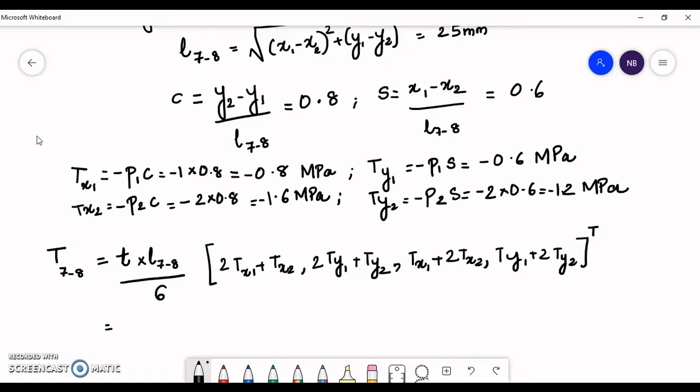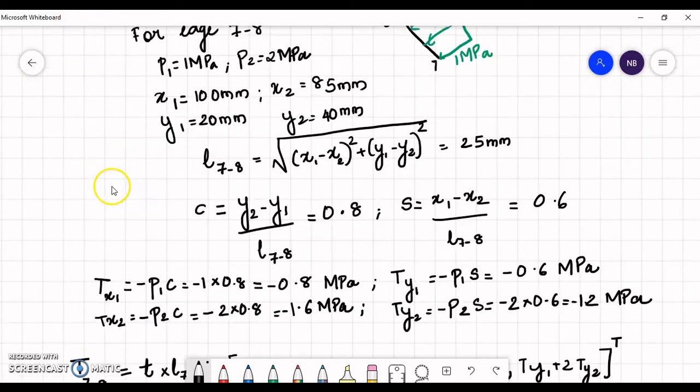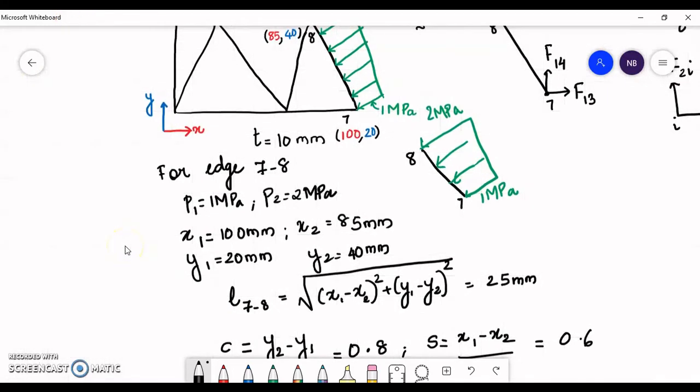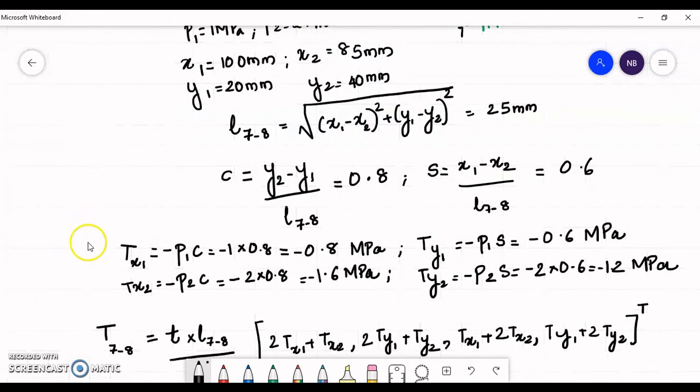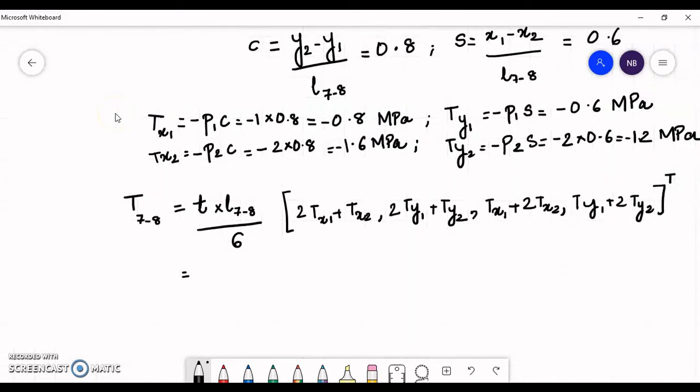The thickness of the element, if we see in the diagram, it is given as 10 mm. Length is 25.